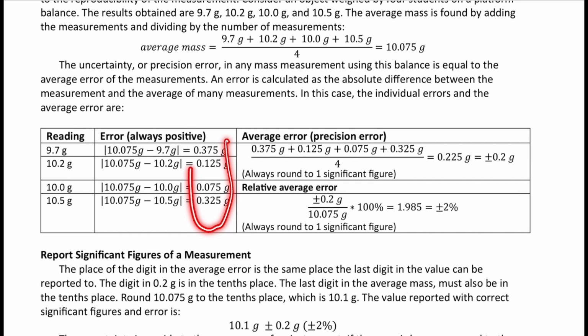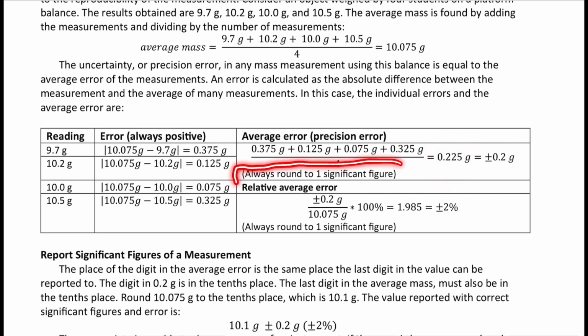So these are the deviations from the average. And then the way that we get our average error, which is a measure of precision, is we take the average of these values. So we add them all together, and we divide by how many values there are. There's 4 of them. And this gives me a value of 0.225.